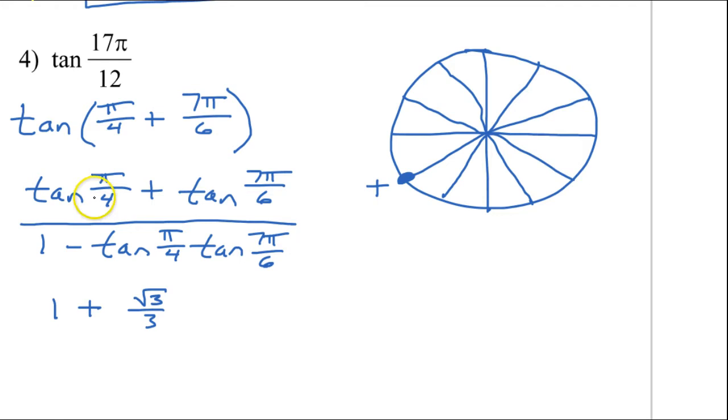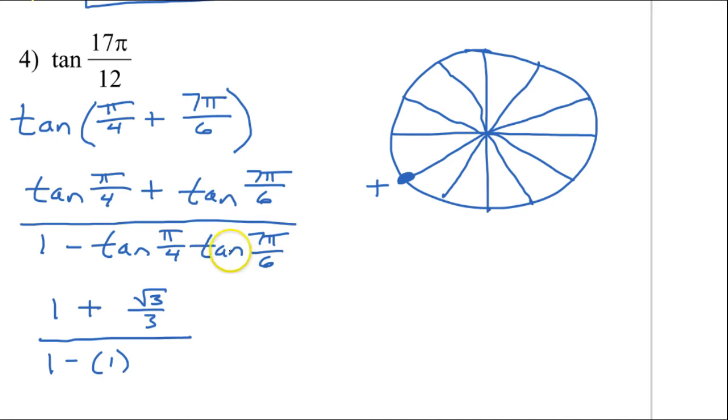Okay, so I had a tangent of pi over 4, that was 1. Tangent of 7 pi over 6, that's radical 3 over 3. Now I'm working the denominator. So in the denominator here I have 1 minus tangent of pi over 4, remember that's 1. So really I don't need to write anything down because it's just a 1. I'm going to wind up erasing that in a minute.